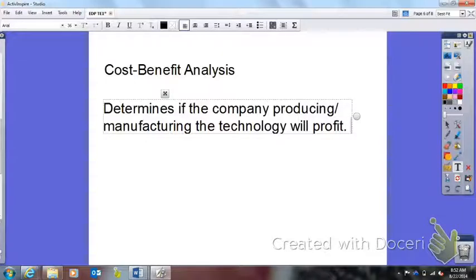Okay. Now, you ask why that's important, because a company will not produce a product if they're not going to make money from it, okay? So the cost-benefit analysis, it's all about the money, money, money.